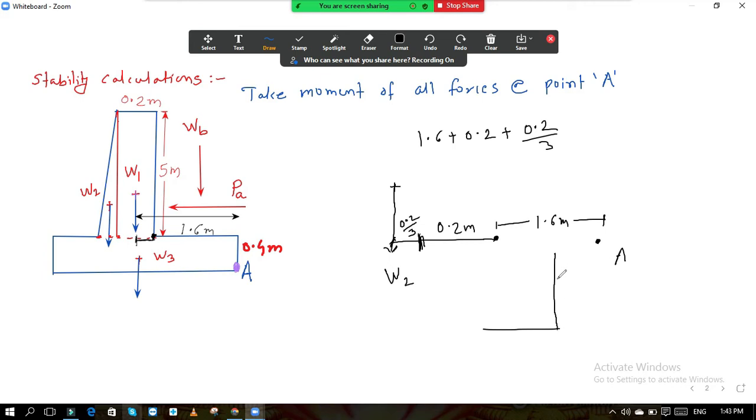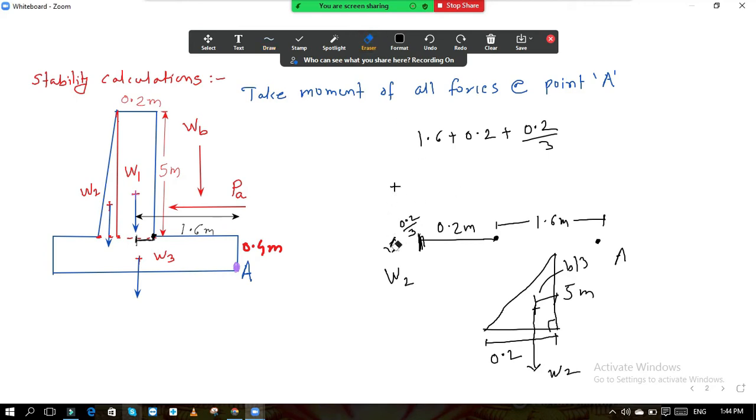If you consider this triangle, CG may be somewhere here. This is the position of your W2. This height is 5 meter, and this total width is 0.2 meter. That is why the load is half into base into height, W2, and then CG from the right angle. Suppose this is the right angle, then this distance is your B by 3, so it will be 0.2 divided by 3.